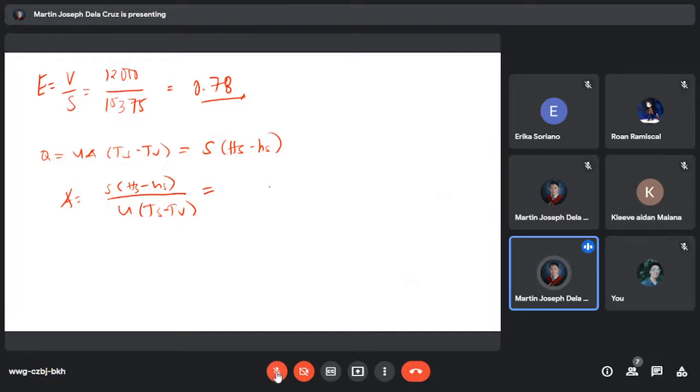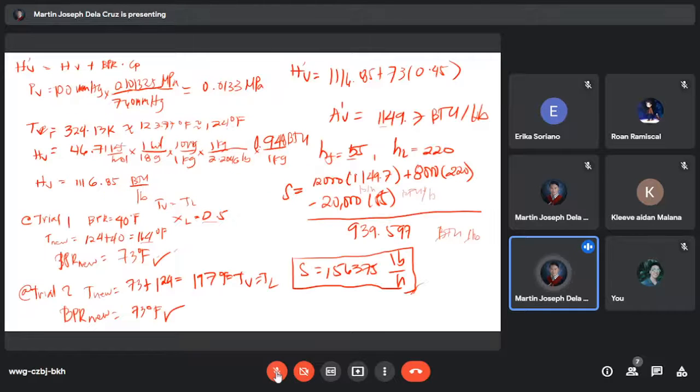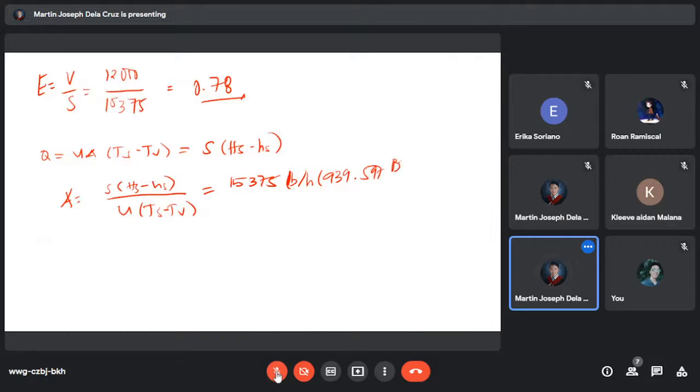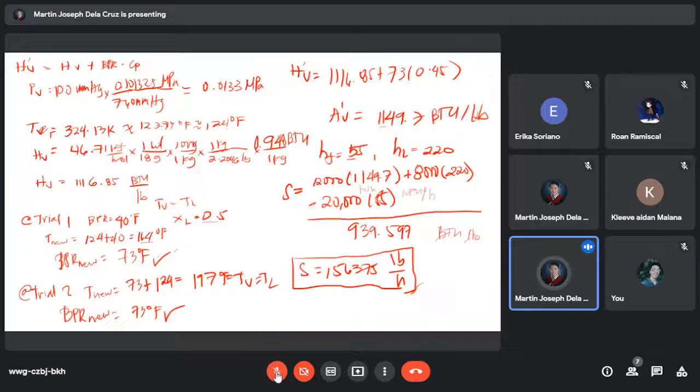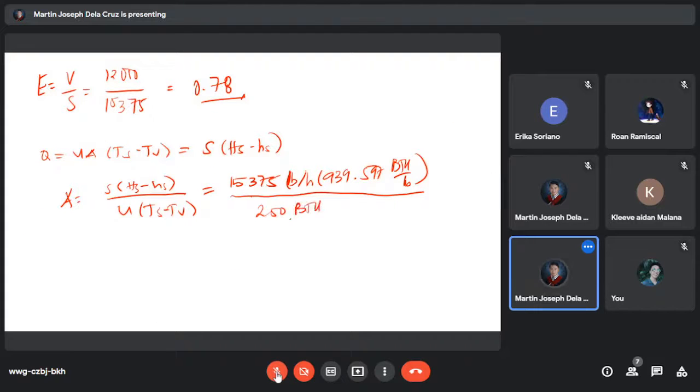So, you take note class na you have S which is 15,375 times HS natin is, di ba na-compute na natin yun, 939.5, this is pound per hour, times 939.597 BTU per pound over your U. Anong given U natin? 250 BTU per hour feet squared degrees Fahrenheit times TS.